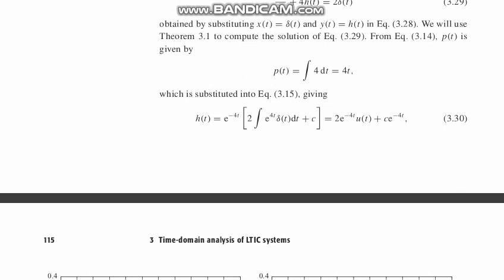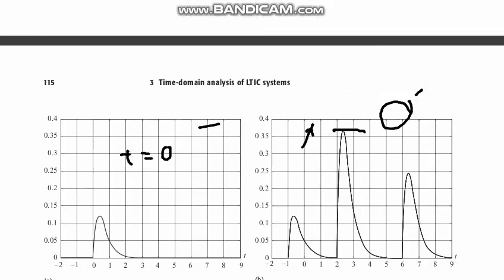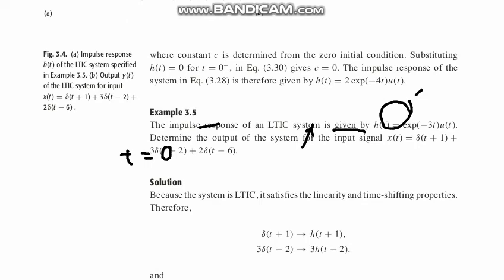If you want to find c, take t equal to 0 at the initial condition, so you get c equal to 0, so this term will be removed, so h(t) will be equal to 2 e to the power minus 4t u(t). That is here, c is equal to 0, so that's the answer.